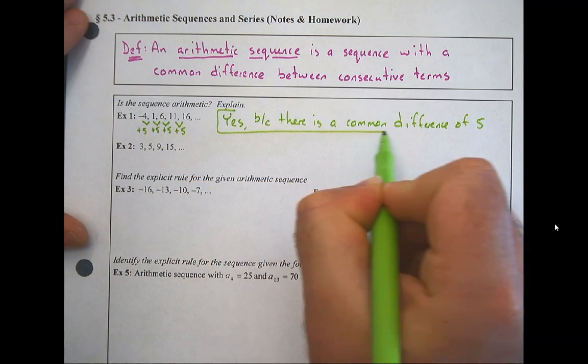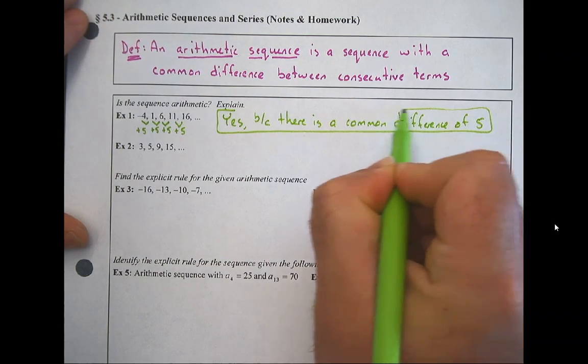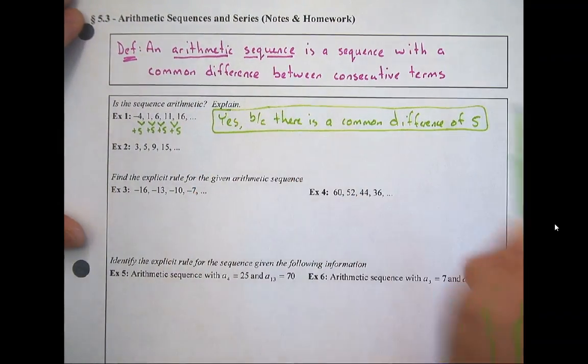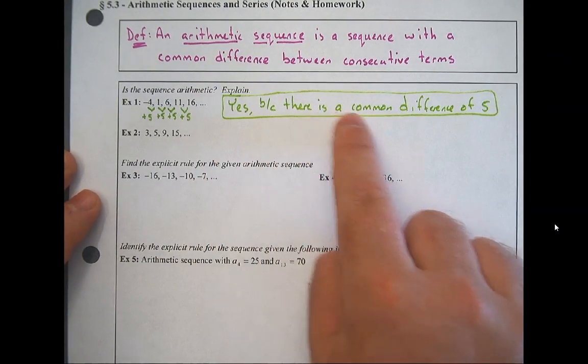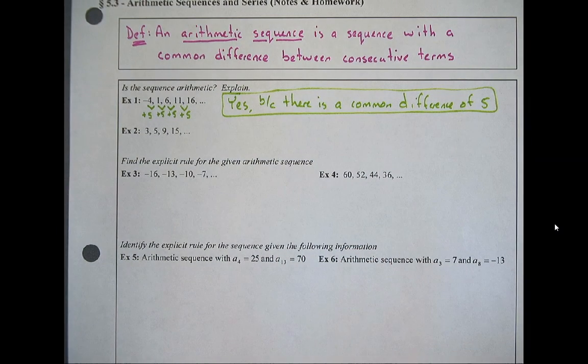Notice we didn't just say yes or no. You always have to make a little bit of an argument why you answered the way that you did. Yes, because there is a common difference of 5. Or you could say yes, the common difference is 5 or something like that. That'd be fine. Let's look at the next one.